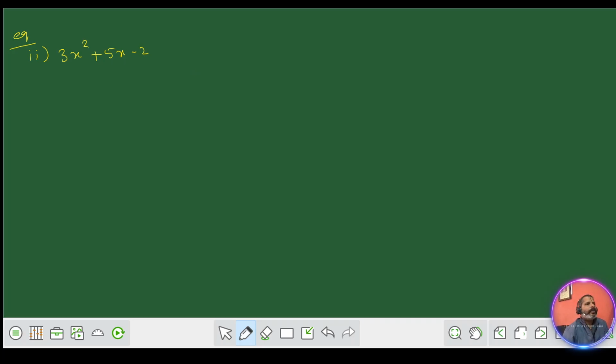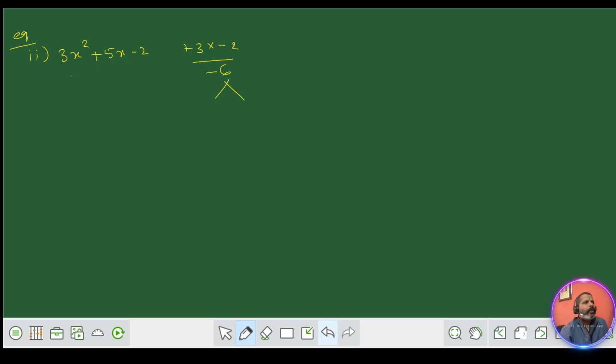First step is to make it factorized. So, plus 3 into minus 2 will give you minus 6.